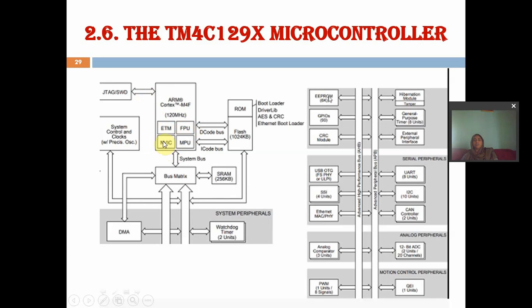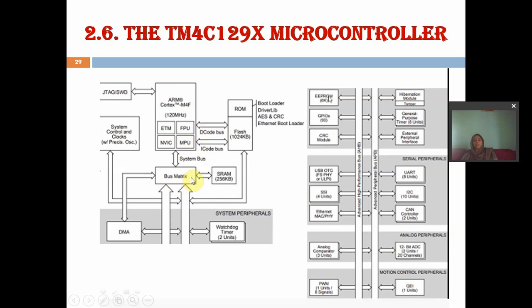This block handles the interrupts. Next is the MPU, memory protection unit. It protects and avoids unnecessary memory operations. So this MPU, memory protection unit, handles memories.